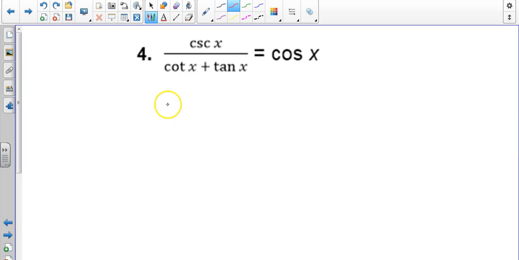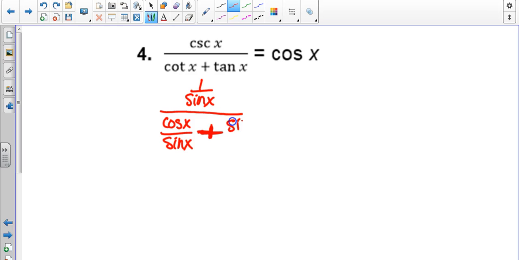All right. Cosecant is what, guys? 1 over sine. Cotangent is, I'm going to go with cosine over sine. Plus, tangent is 1 over cotangent, or sine over cosine.